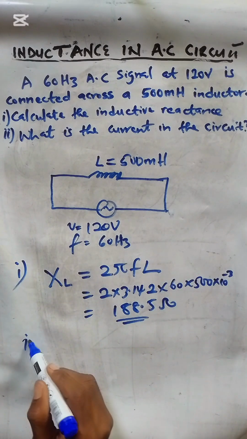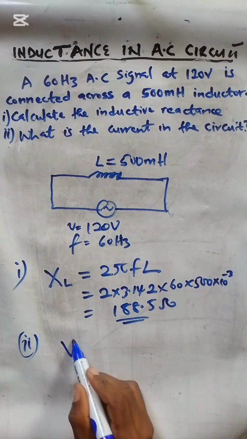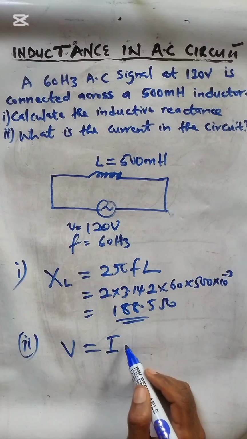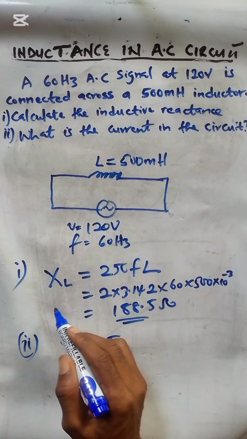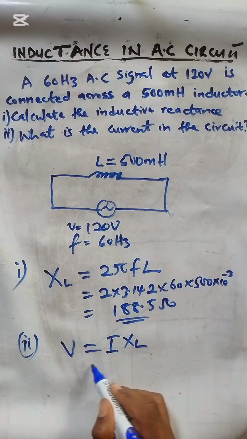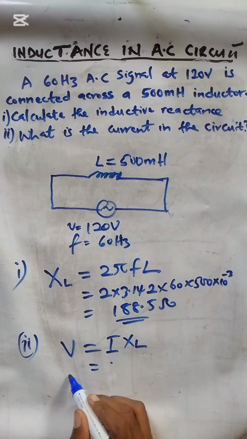The second part says, what is the current in the circuit? According to Ohm's law, voltage is equal to I multiplied by resistance. Our resistance now is our inductive reactance, X subscript L. So let's make current the subject of the formula.